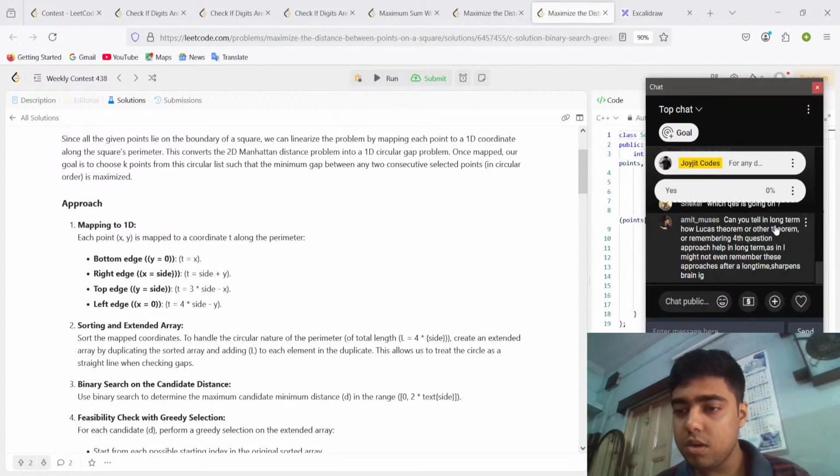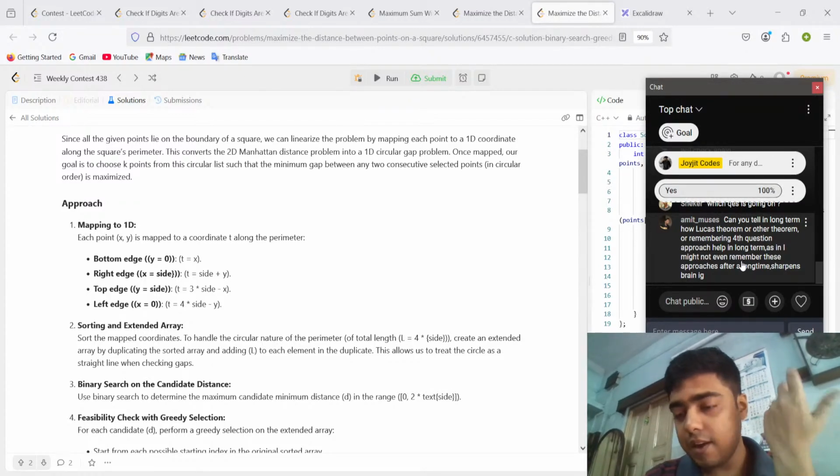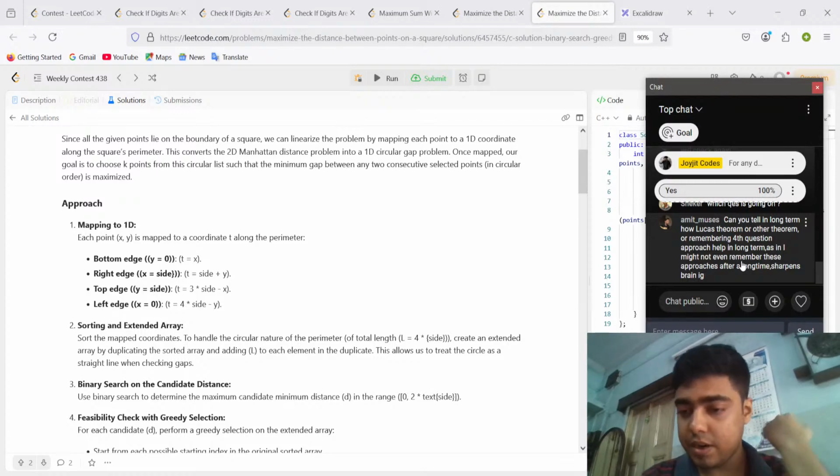Can you tell, in the long term, how Lucas theorem or other theorems or remembering the fourth question approach help? As in, I might not even remember these approaches after a long time. Sharpens the brain, I guess. See, let's consider this DP thing, dynamic programming.